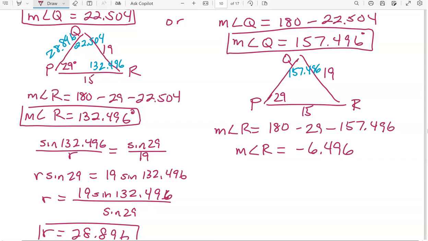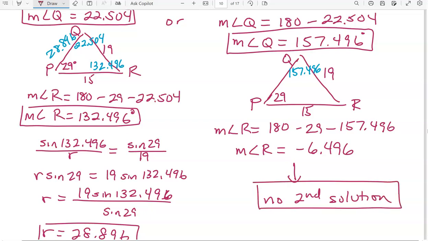Now, I want to actually see this computation on your paper, not just necessarily your calculator. And what happened? We got a negative angle because of the fact that the previous two angles, the given and the one that we found, measure of angle Q, added up to more than 180 already, so the third angle wasn't really possible. So what does this mean? It means that there is no second solution.